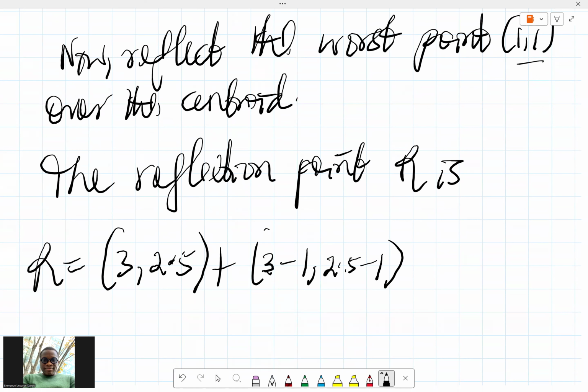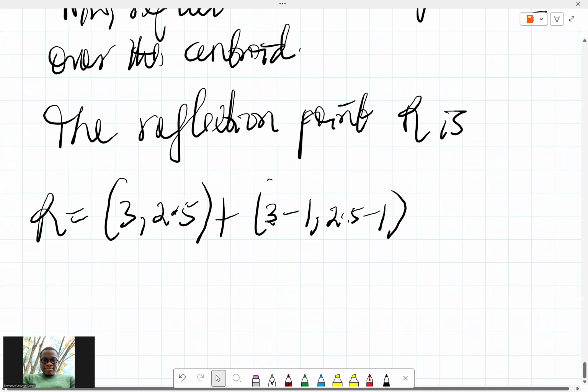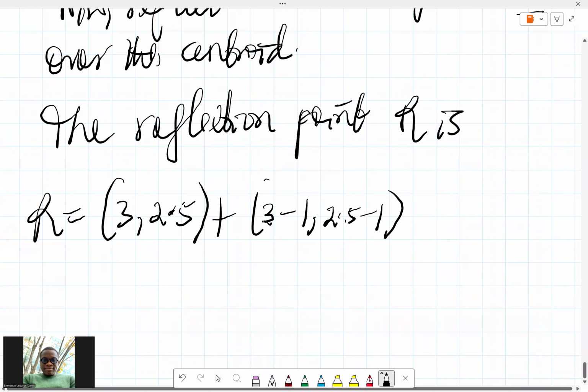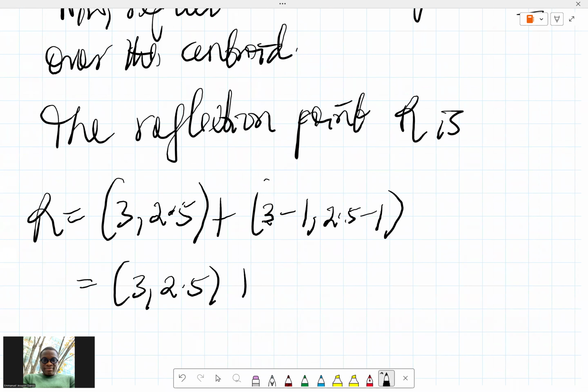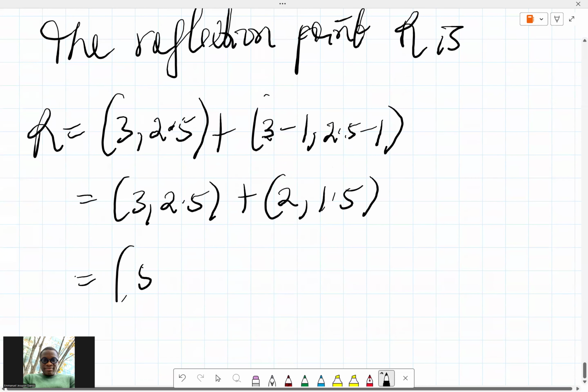That's what we mean by reflection: that point plus the distance between the point and the worst point. From that, 3, 2.5 plus 3 minus 1 is 2, and 2.5 minus 1 is 1.5. Putting it together, 3 plus 2 is 5, and 2.5 plus 1.5 is 4. So the reflection is 5, 4.